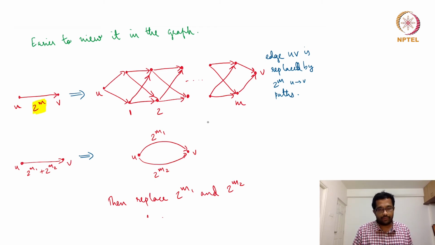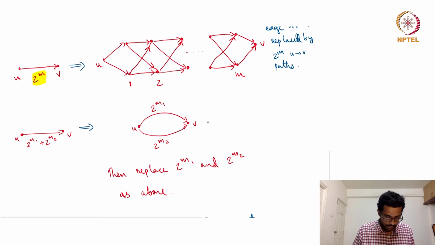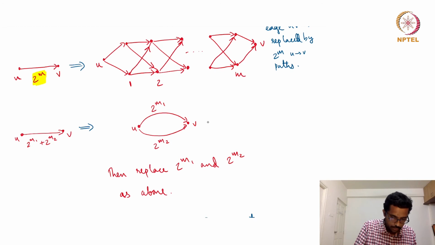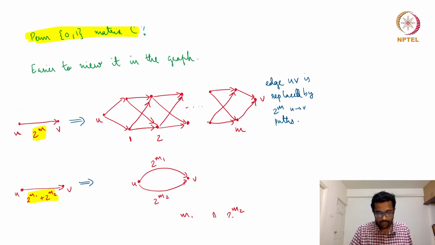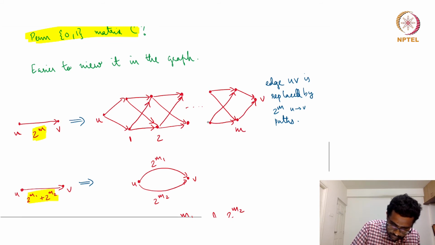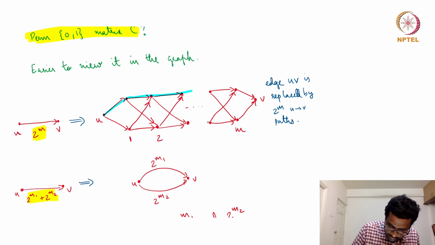So now what if it is not a power of 2? Let's say it is a sum of two powers of 2, an edge with weight 2^m1 plus 2^m2. Before getting there, we may need to do one more thing, because a cycle cover may not actually cover all these vertices from U to V. A cycle cover that takes this path does not really use the bottom edges.